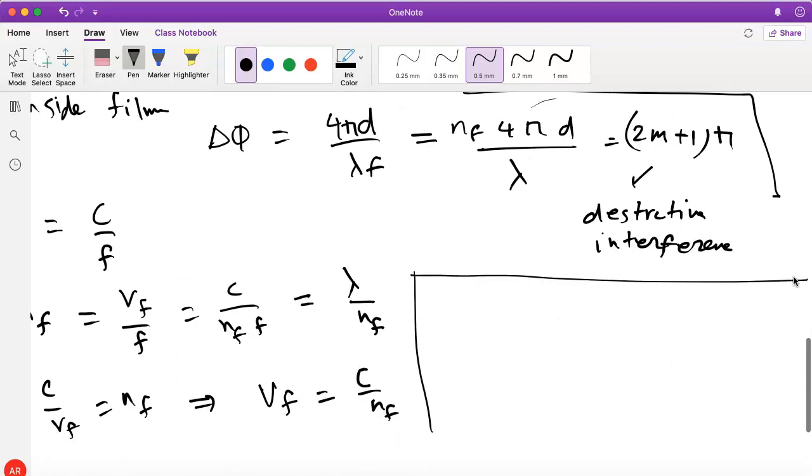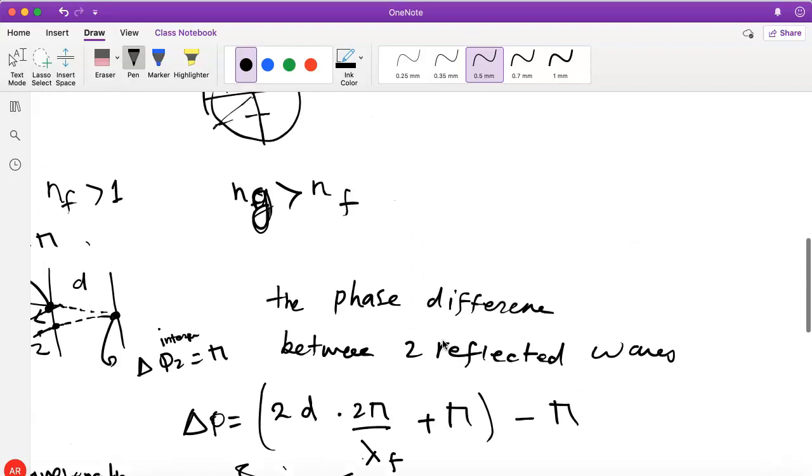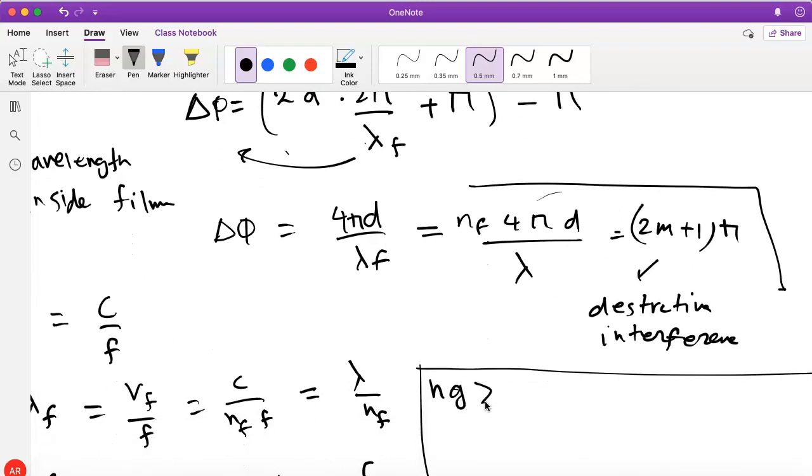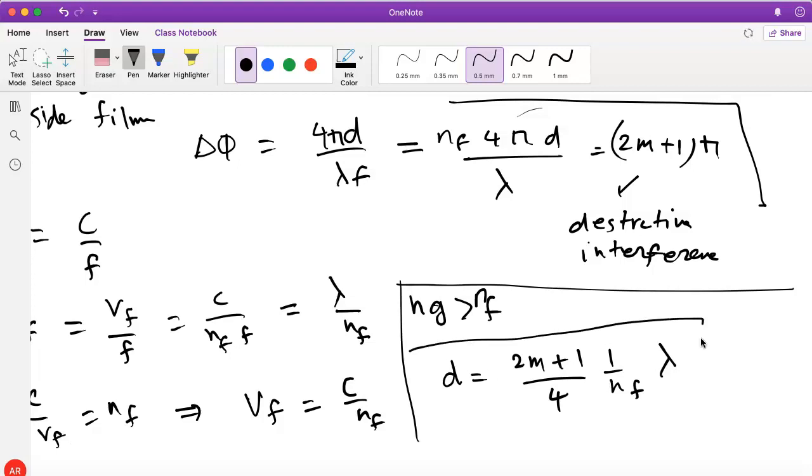So the lesson is, in the case where Ng is larger than NF, then we should choose our thickness d to be, the pi's cancel out, 2m plus 1 over 4, 1 over nf times lambda.